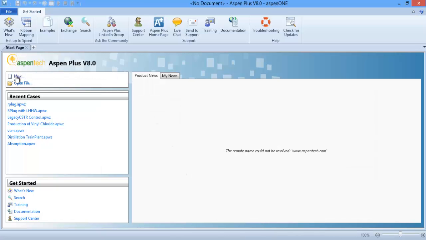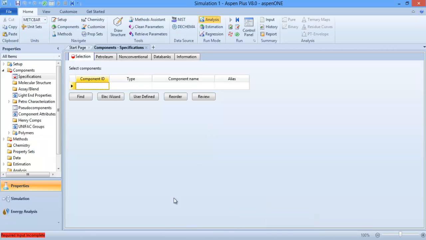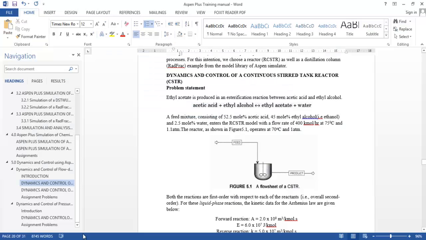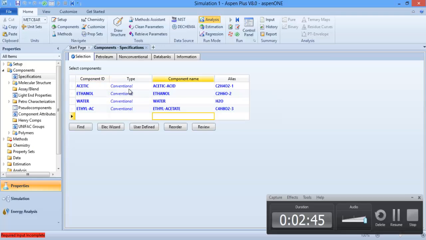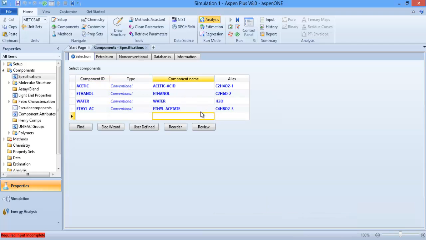For this, I'm going to go to new simulation. The required components are acetic acid, ethyl alcohol, ethyl acetate and water. Okay, we've input all the required components.